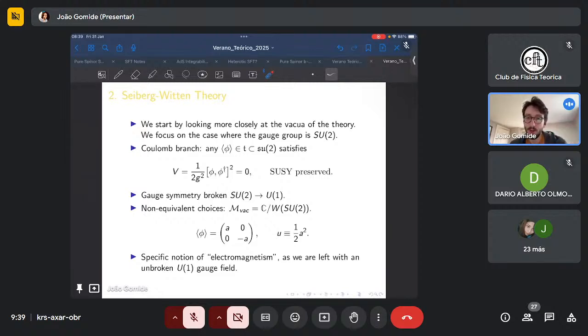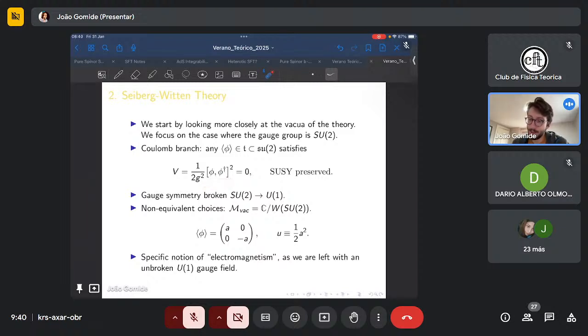You have a potential which evaluates to 0, and this preserves supersymmetry. But since you're taking a fixed direction for the vacuum, the gauge symmetry is spontaneously broken, just to the subgroup of that particular generator that makes the commutator disappear.